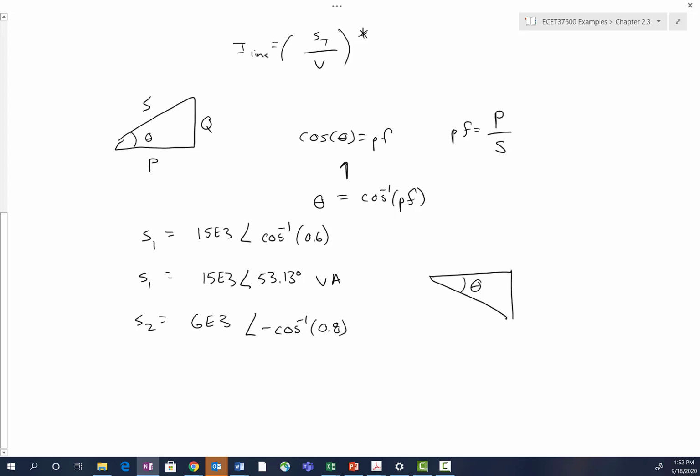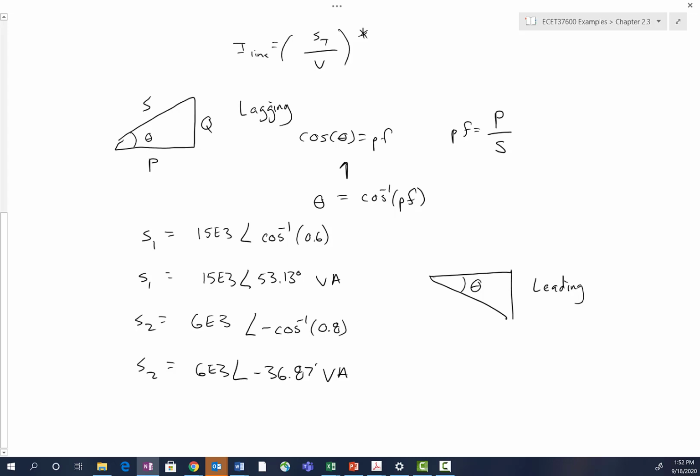So that's why we get the negative, is because this is a lagging circuit, which is a positive power, and this is a leading circuit, which is a negative power. And so that's going to give us a total power of load 2 of 6 e to the third at an angle of negative 36.87 degrees. That's apparent power, so it's measured in volt amps.